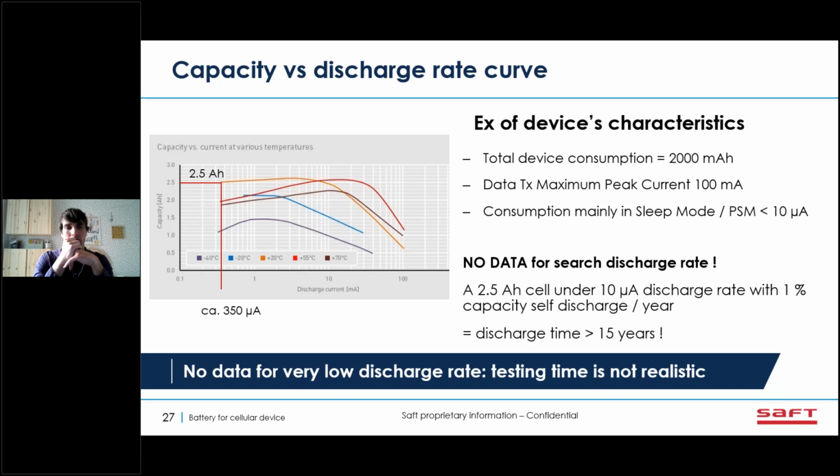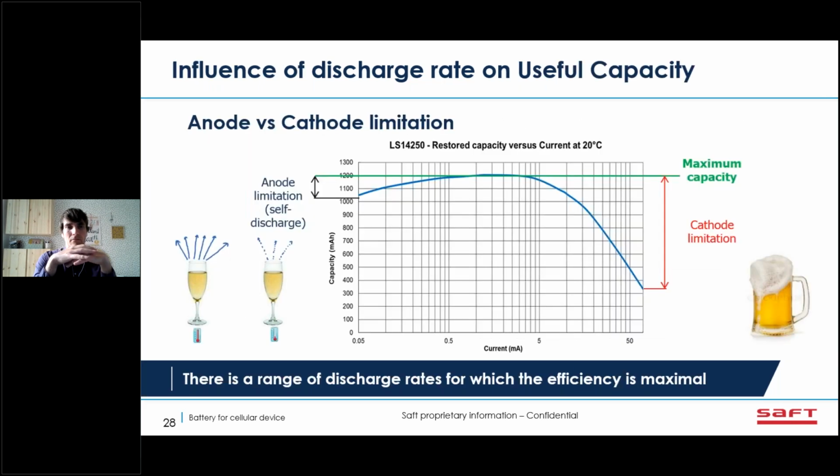To explain a little bit how the discharge rate influences the useful capacity: this kind of graphic you will have for every lithium thionyl chloride chemistry, and you will also find it for other lithium chemistries. When you have this graphic, the maximum capacity available is the nominal capacity of the battery.